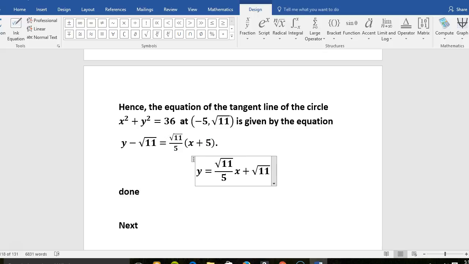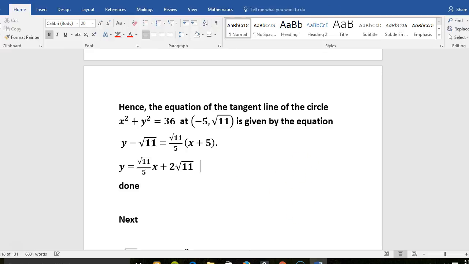And then this minus radical 11, now it wasn't in the distributive. It just moves across and becomes plus radical 11. But hey, that'll give me 2 radical 11. Radical 11 plus radical 11 is 2 radical 11. And now this is called the slope intercept, if you recall from algebra. And the one I had from a minute ago is called the point slope.